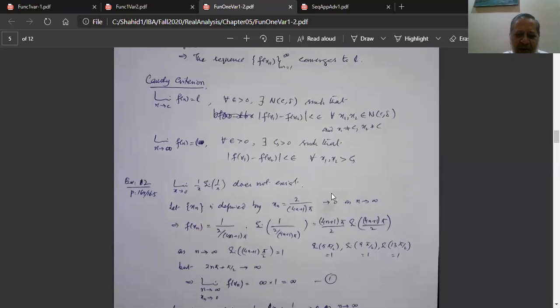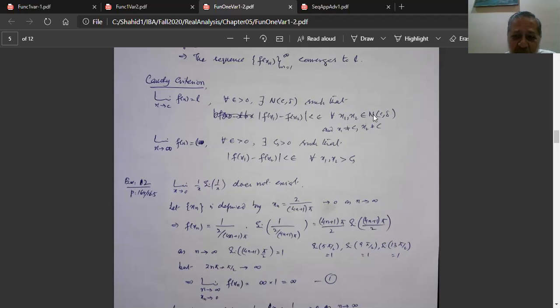At the same time, let me introduce the Cauchy criterion for existence of limit. Cauchy criterion कहता है कि if x approaches C, f(x) goes to L. That means for every epsilon positive, there exists a neighborhood of C, small, how small, as small as you can think of.